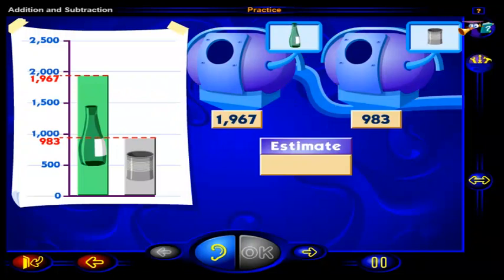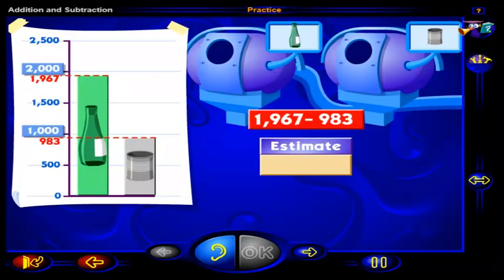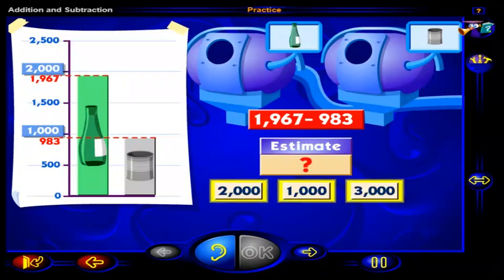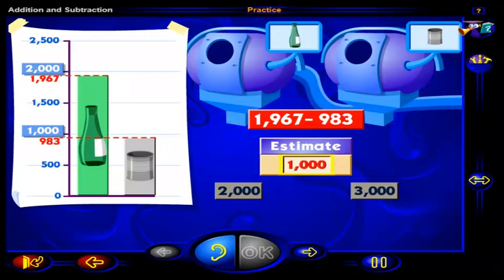So we can estimate the difference between these numbers. About what is the difference between these numbers? Click on a number, then click OK. That's right. The difference between these numbers is about 1,000.